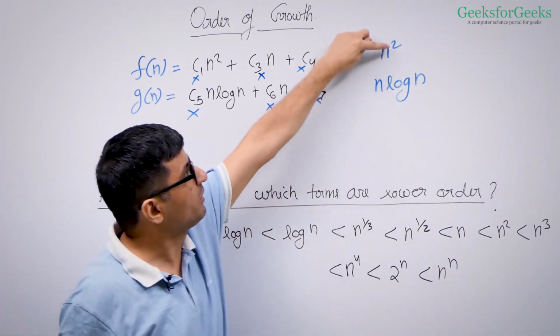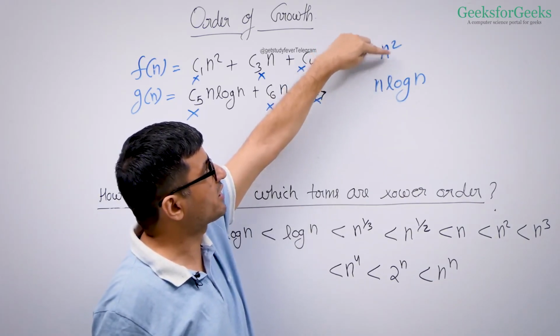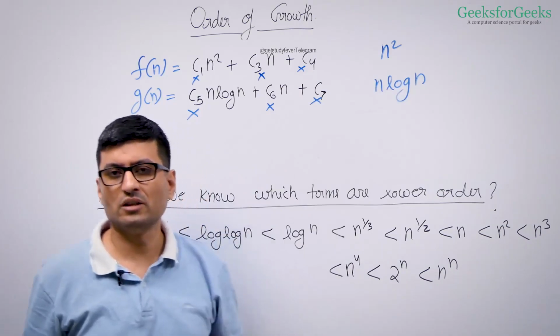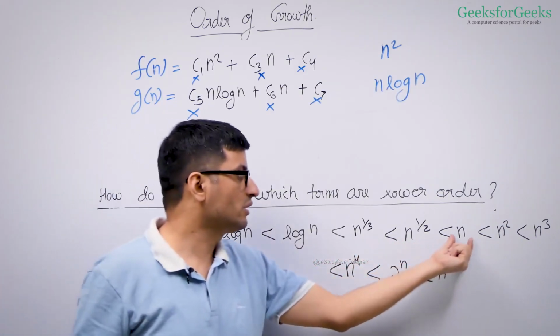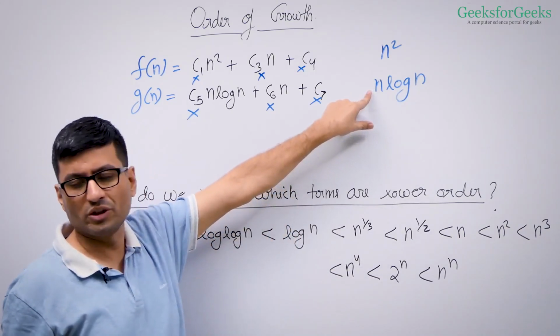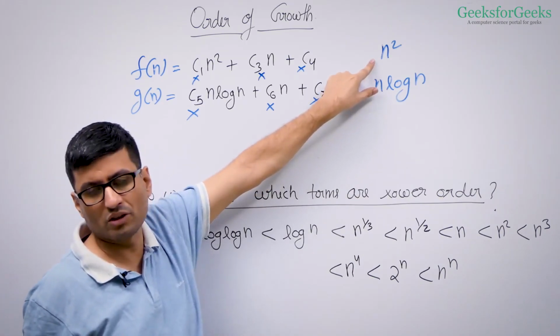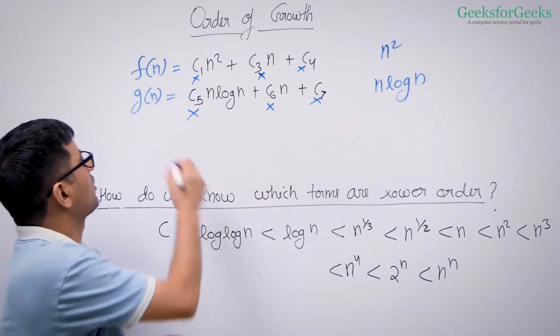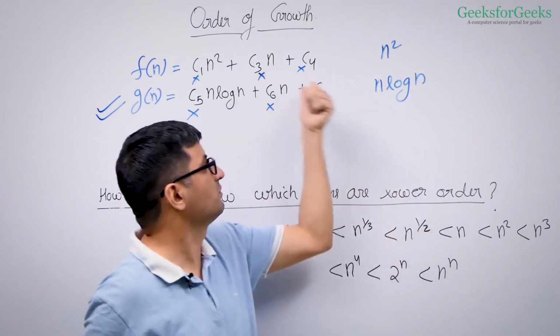We can simply cancel one n with the other n and we get n extra here, and log n extra here. So n is definitely more than log n. So we say this algorithm is faster, right? It's going to grow slowly, and the order of growth of the other algorithm is more, right? So this algorithm should be preferred when you have two algorithms with these times.